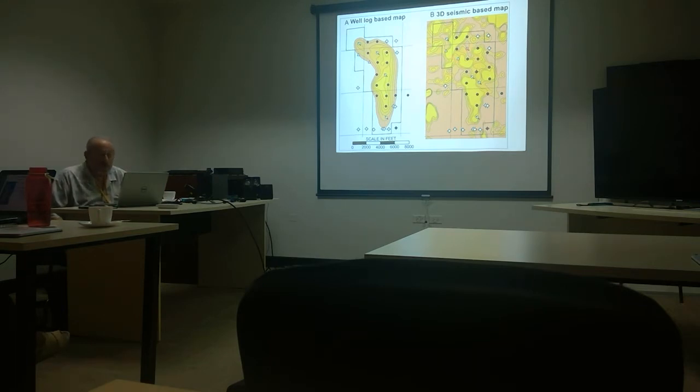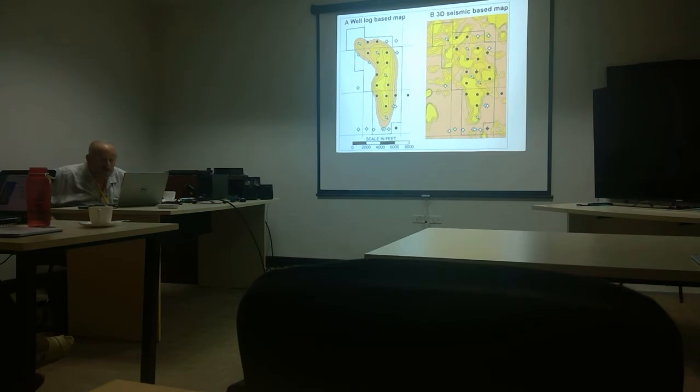So when you drilled a well here, for example, it was a dry hole. A well here was an oil producer, and so on. And it showed you that there were still areas where you could drill new wells in compartments that had not been drilled.